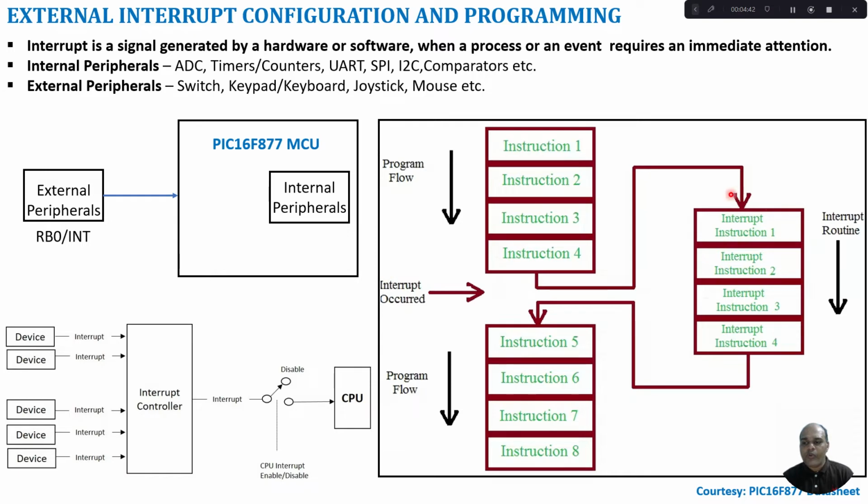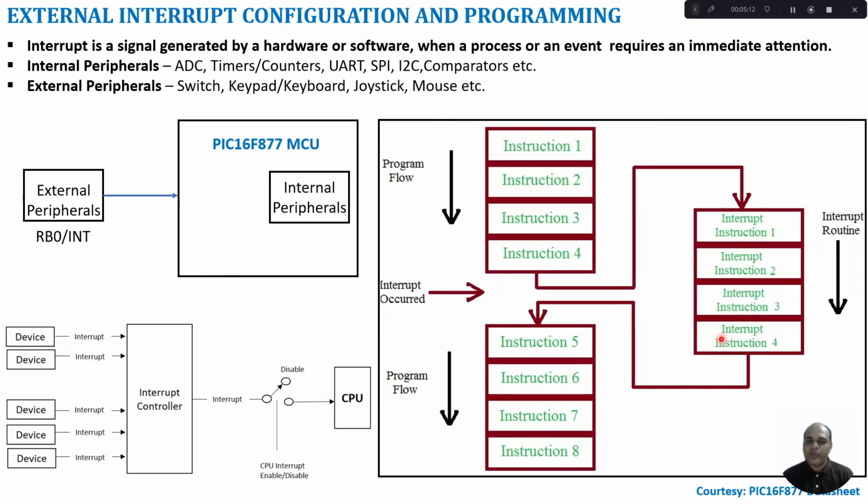Before moving on to this interrupt service routine, the context of the main program will be saved in the stack memory. What is context? The associated registers with the main program, the program counter value, everything will be saved on the stack memory. Then the program control will be transferred to the ISR, interrupt service routine. Upon completion of the interrupt service routine, the context saved in the stack memory will be retrieved back.